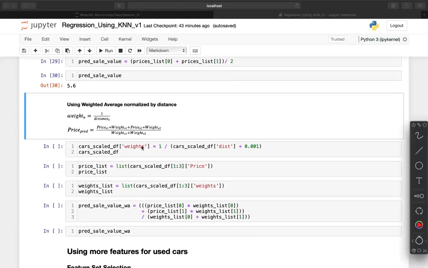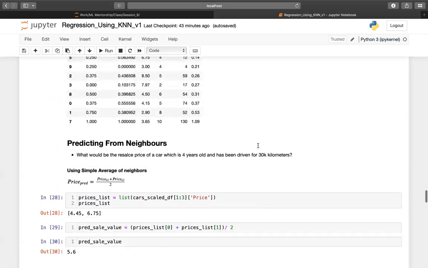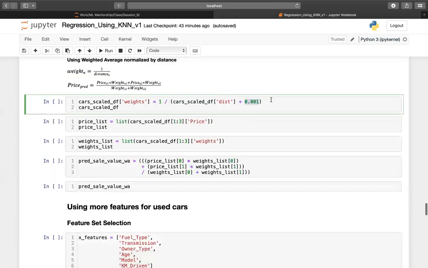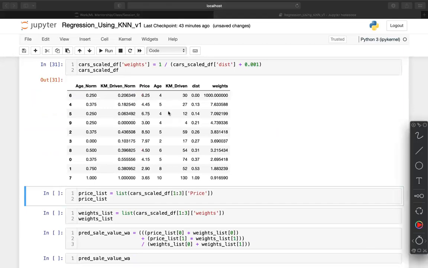So let's calculate the weight first. The weights would be 1 divided by the distance. I'm just adding a small value to it because one of the cars has a distance of 0.00, so that would become infinity. So I just add a small value to avoid that. If you calculate that, now you can see the weights.